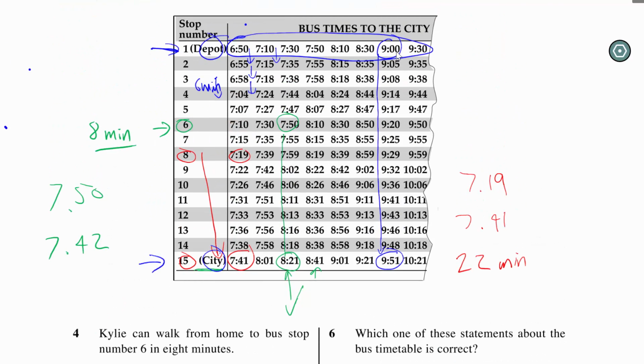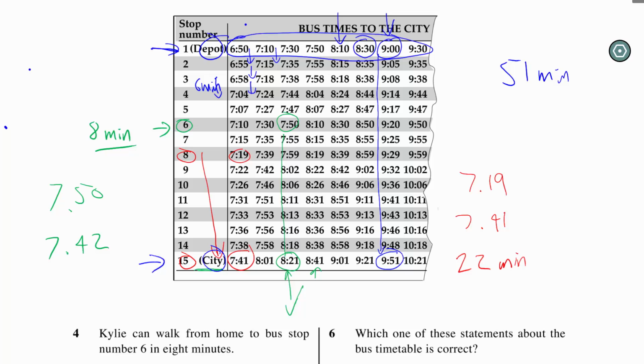So again, let's just use 9. Since 8:30 is here, we will choose 9 and we will choose 8:10 because it's asking for 8:30 onwards and it's comparing that to before 8:30. So if we look at the time after 8:30, which is 9 o'clock, the one that we just did, we know that it takes 51 minutes.